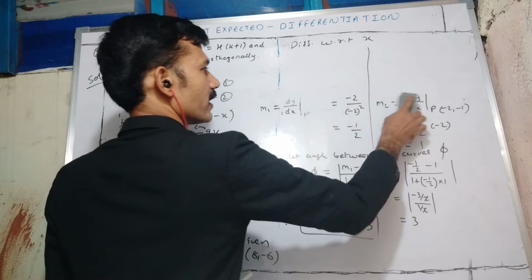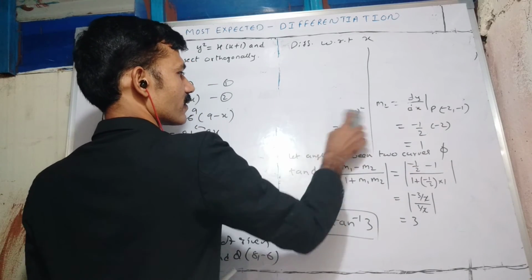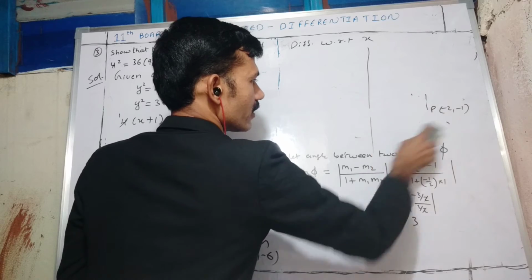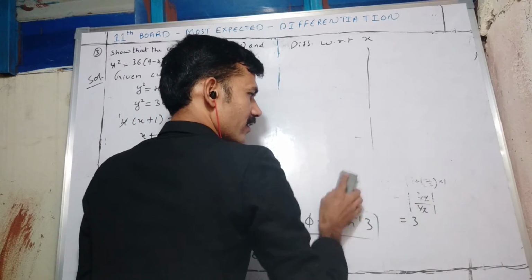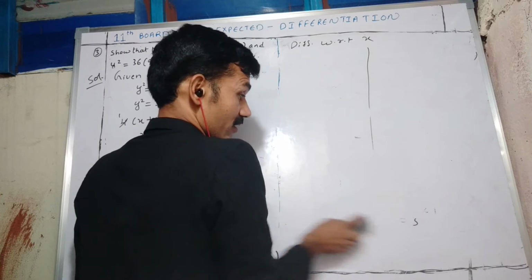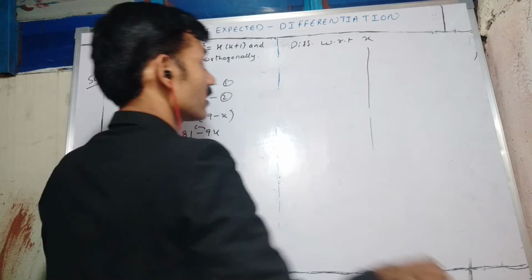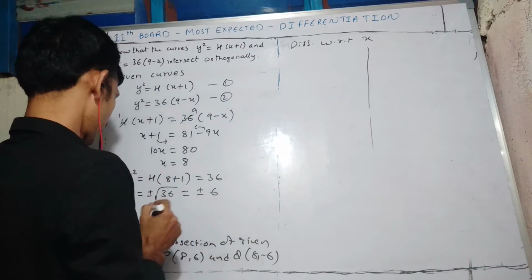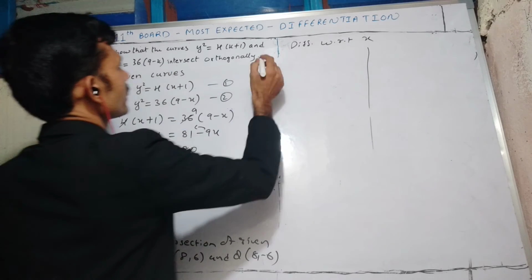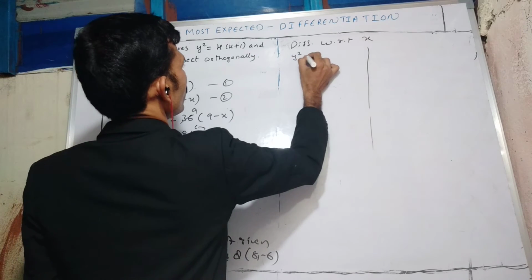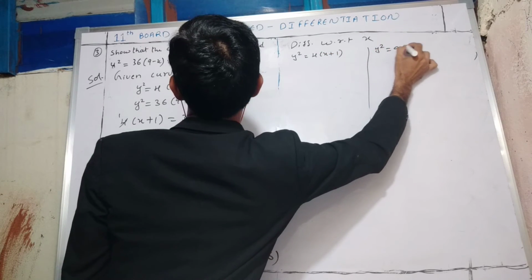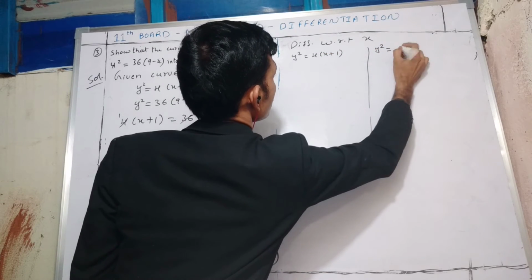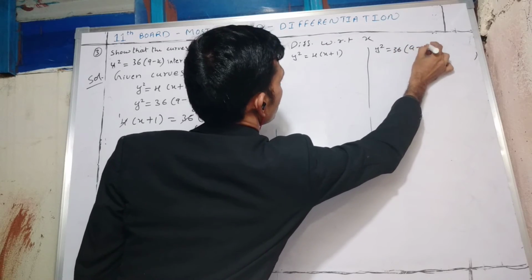Okay, after finding the slopes, we can say whether the tangents are perpendicular to each other or not. First we differentiate. First curve is what? y square equal to 4 times (x plus 1). Another curve is y square equal to 36 times (9 minus x).